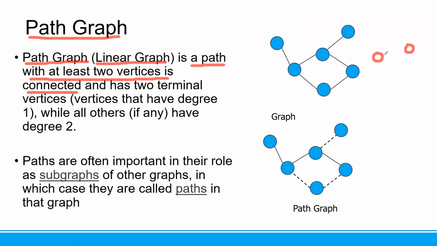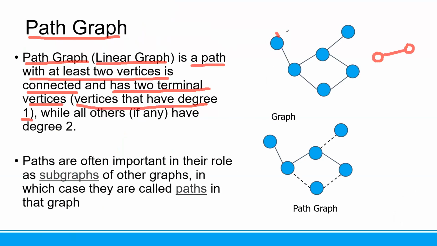If these two vertices are connected, okay, this is a path graph. At least two vertices connected, and at least has two terminal vertices. What are terminal vertices? These are the vertices that have degree 1.